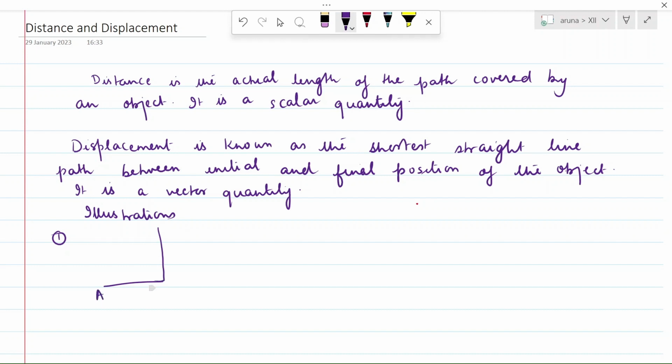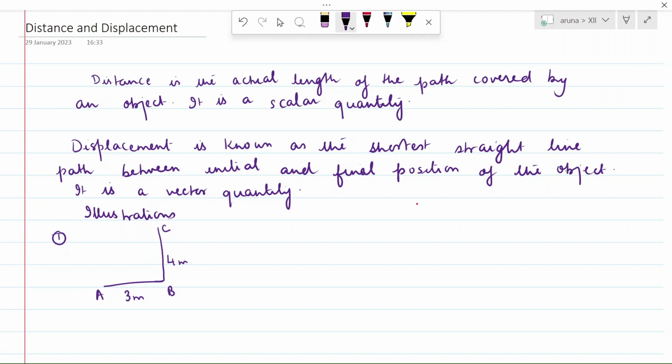I'm going from A to B and then from B to C. Let AB be 3 meters and BC be 4 meters. So an object goes from A to B and then B to C.